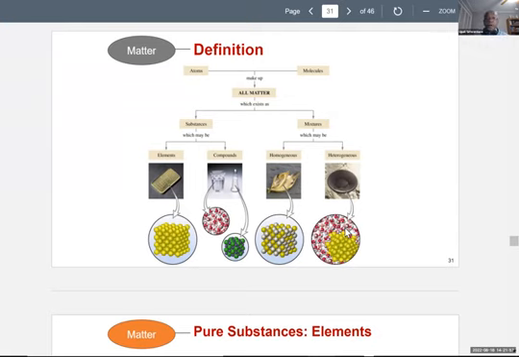Now you understand atoms and molecules make the matter. The simplest matter is substances, elements and compounds. The complex matter is a mixture of elements and compounds. Mixtures could also be heterogeneous or homogeneous depending on the distribution of the mixture in the sample.